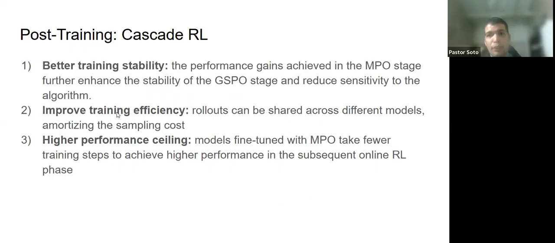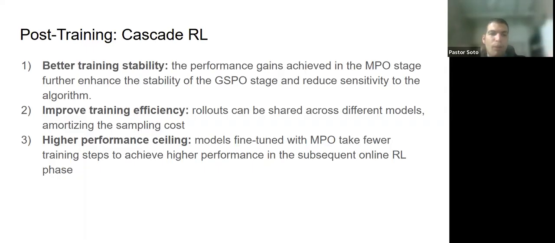So what is this cascade reinforcement learning? You go to MPO, which is the first stage, the offline one, and then with those gains, you go to GSPO, which is the online one. That has a lot to do with the data that we will see in a bit, but essentially it is a two-stage process in which GSPO, the online reinforcement learning, takes advantage of the offline reinforcement learning, and that speeds up the process a lot.